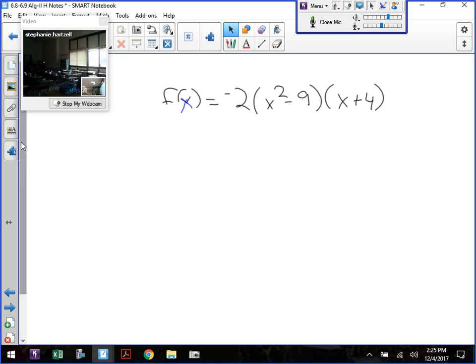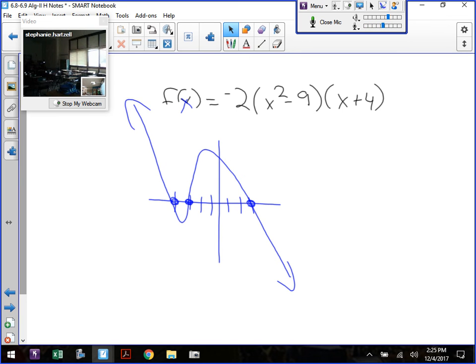Okay. So zeros then. Zeros are located where? Plus or minus 3 and -4. Means we have to move down, change direction, change direction. How many changes of direction does it have? 2 of them. Could you figure out the y-intercept?